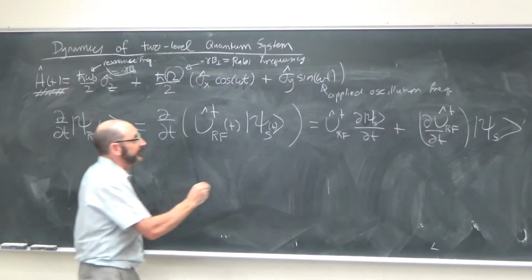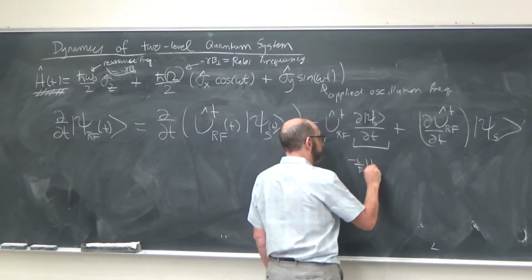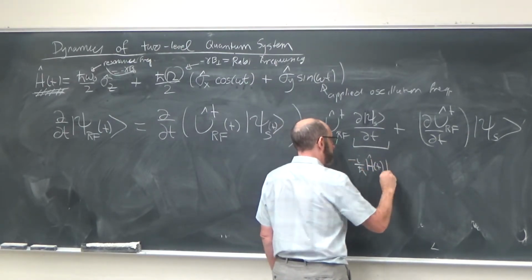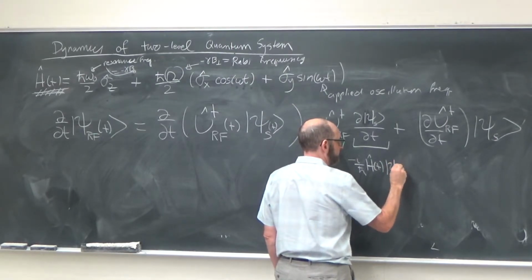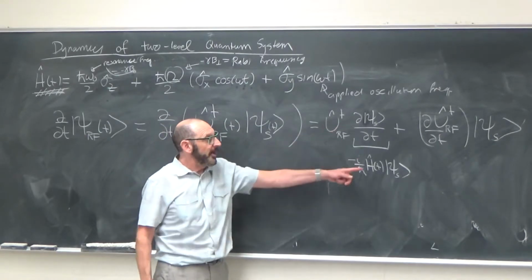Now this is the Schrodinger equation, which says that the state evolves in time according to the Hamiltonian.